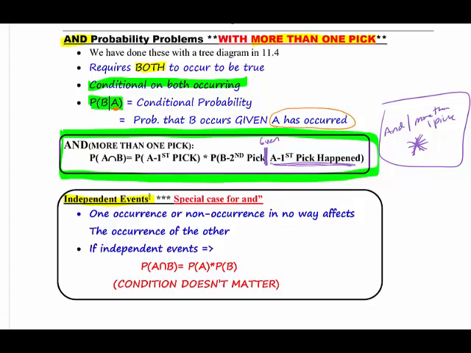Okay? So one occurrence or non-occurrence in no way affects the occurrence of the other. If they are independent, the condition goes away. So again, we give you another formula here, but this is the formula you need to understand. And the condition goes away if they're independent.